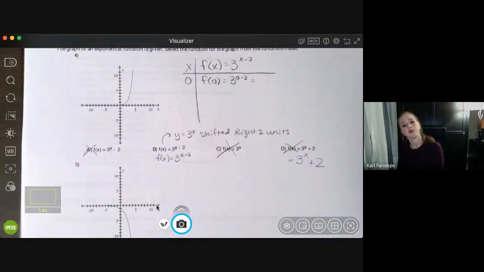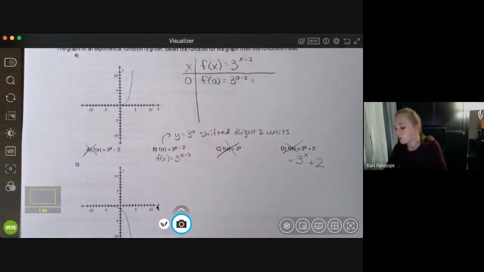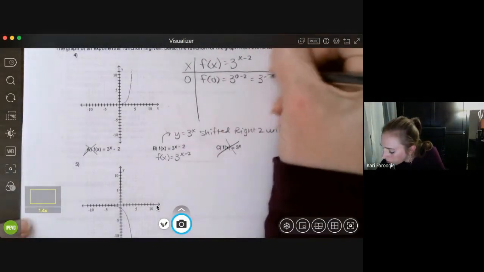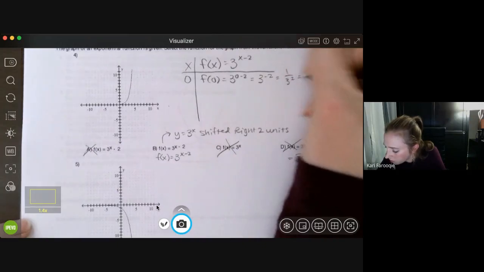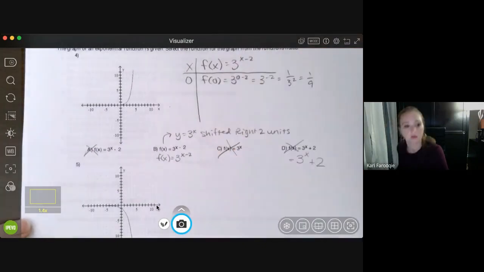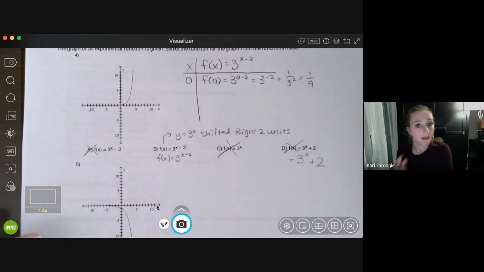In that case, you're looking at 3 to the 0 - 2, which is 3 to the -2, which is 1/3 squared, which is 1/9. Now, it's hard to tell if that's exactly 1/9, but it looks like it very well could be. So we're going to go ahead and try a couple more just to make sure.